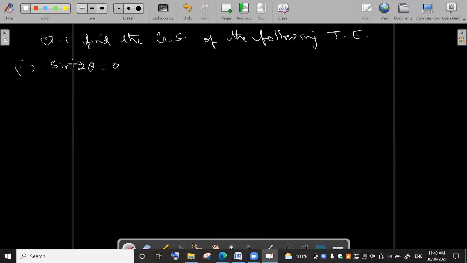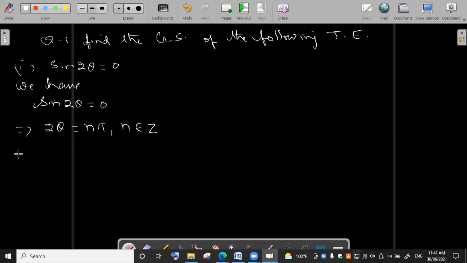So as sine 2 theta is equal to 0, how will we write the steps? As per the formula, this implies that the general solution 2 theta will be equal to n pi, where n is an integer.